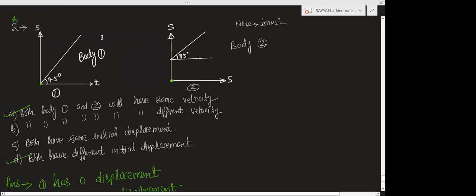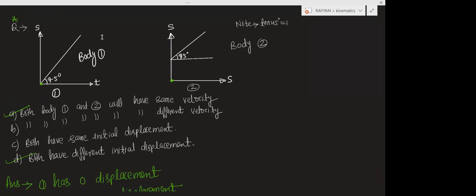Please write this down. The study of the graph means you should know what the slope is going to give you.